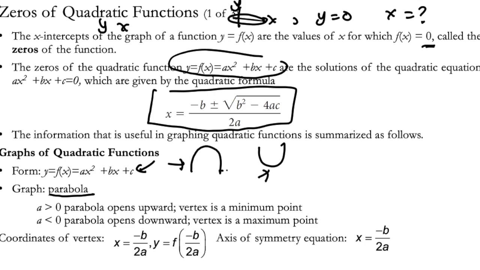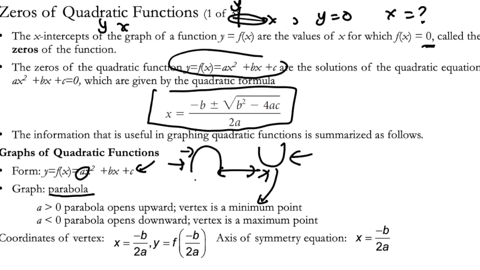We can determine either one of these if we know the value of a. If a is positive, then the parabola opens upward, which means U shape. So we have the minimum point as our vertex. On the other hand, if a is a negative value, then the parabola opens downward like this.